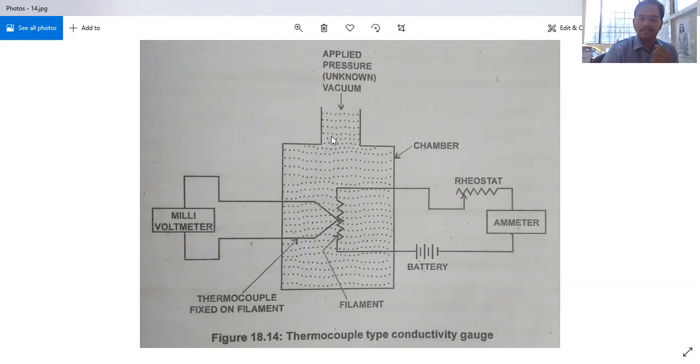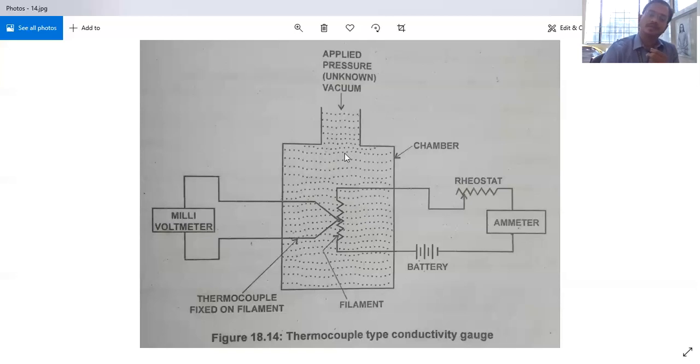Now as soon as the gas enters this chamber, the density variation leads to a change in temperature, because the greater the density, the greater the surface contact. When surface contact is greater, the thermal dissipation of heat from this filament into this fluid through convection will be more.